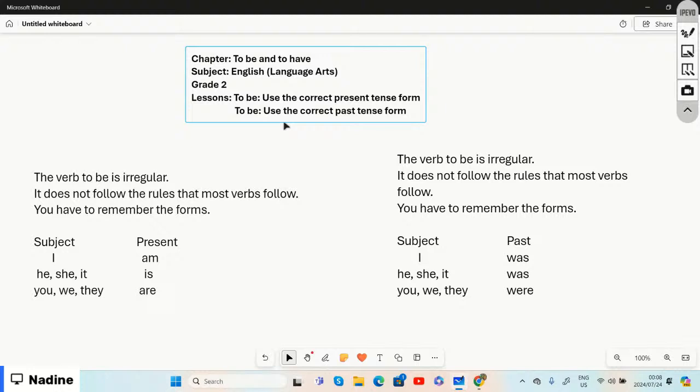All right. So when the verb is irregular and we do not follow any rules as with most verbs, then you're just gonna have to remember the form of that verb, right? You're gonna have to know how the sentence is being used.